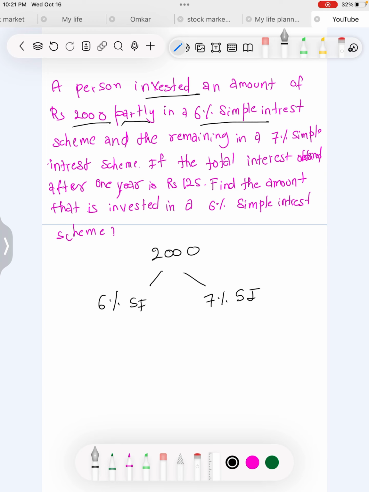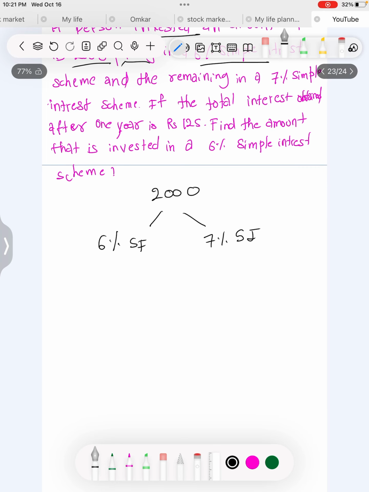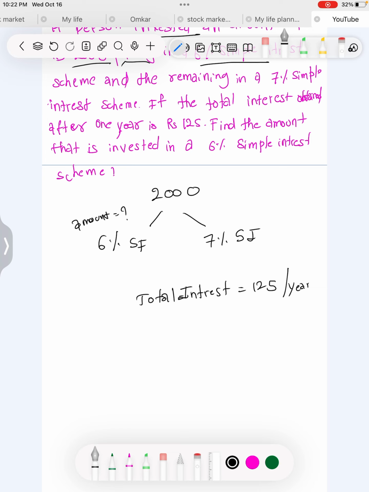Okay, if the total interest obtained after 1 year is 125, find the amount that is invested in a 6% interest. So they are asking the amount here, how much he invested. So okay, fine.